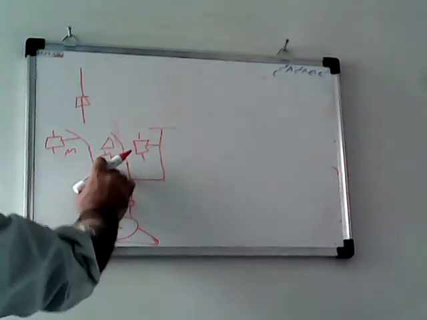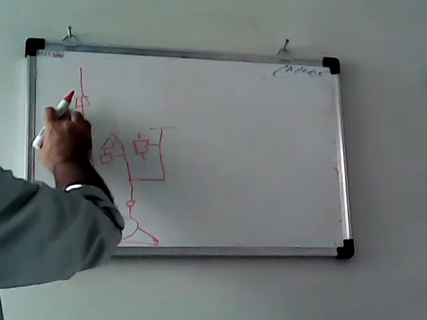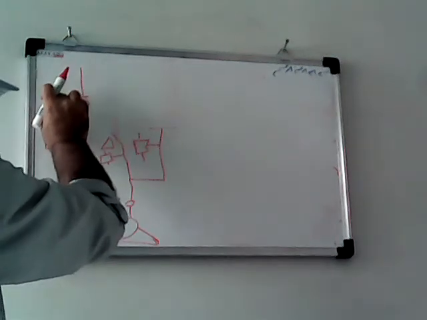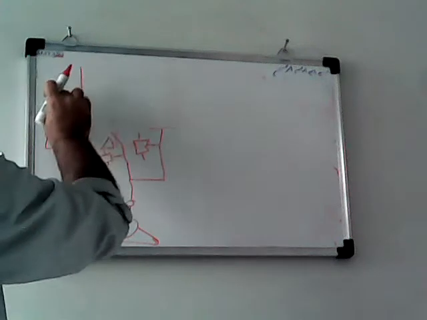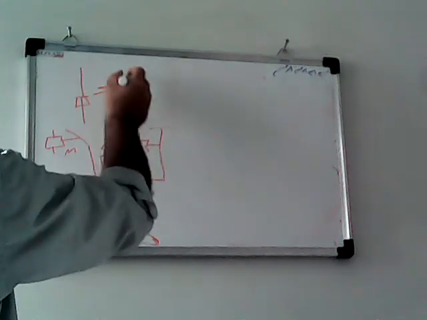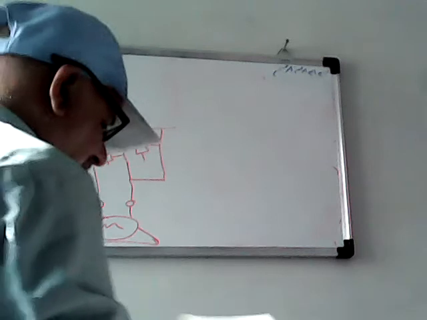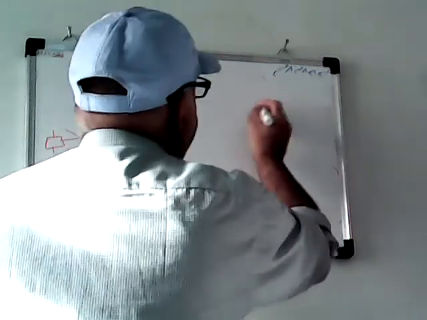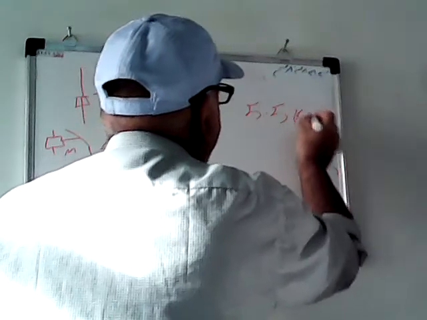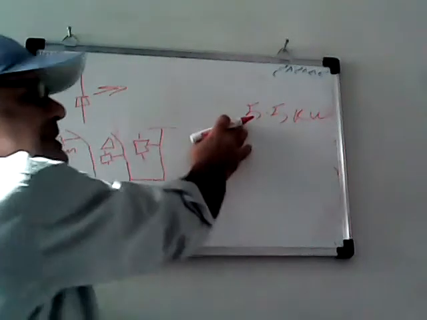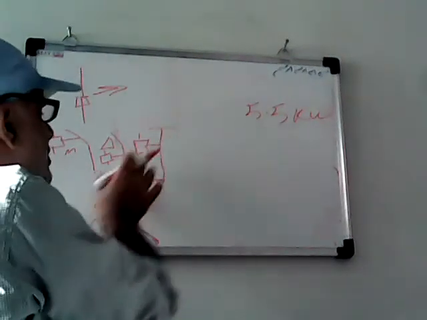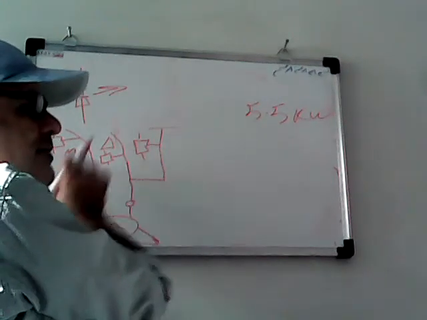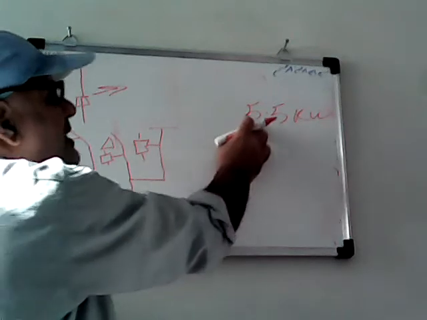Let's start star delta. Okay, we want to find out and select this fuse very easily and very fast. From 5.5 kilowatts. Under this rate, we don't use star delta. We use DOL under this rate.